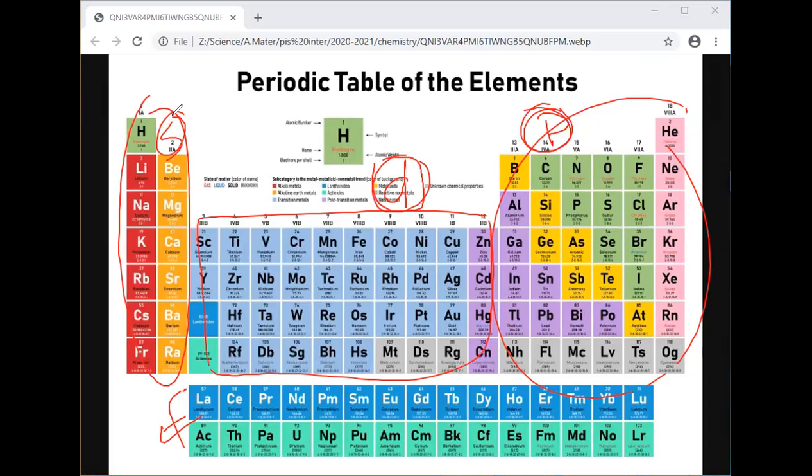So like this, guys, each block represents the sub-energy level that could be filled by electrons.